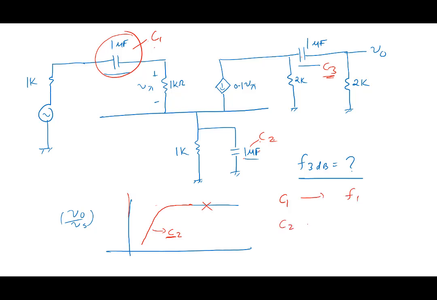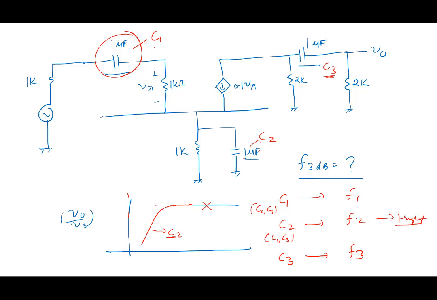For C2, you calculate a frequency F2, assuming all others are shorts. Then for C3, F3. You will get 3 frequencies. Let's say this frequency is the highest.